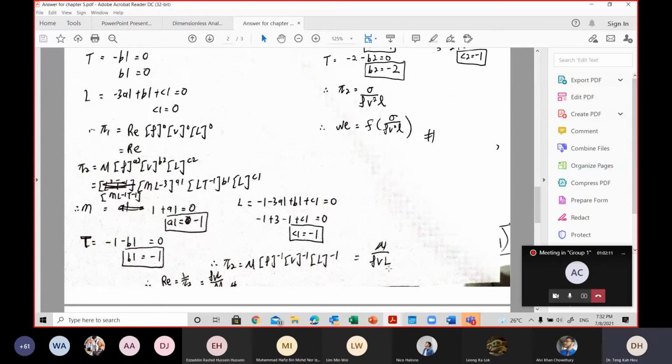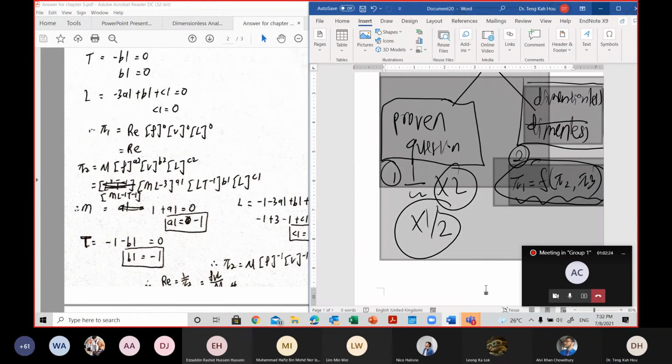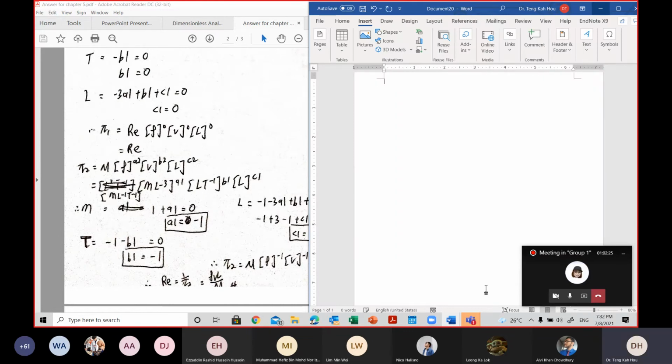As I mentioned just now, if the question asks you to prove, now you got the answer: Pi1 equals RE. Pi2 equals mu over rho VL.